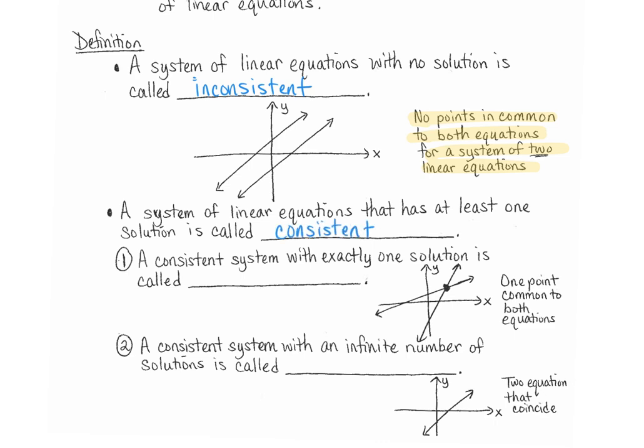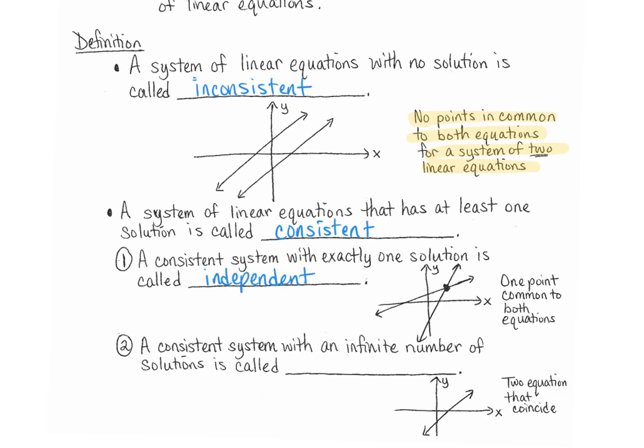And so if you have a consistent system, you then have two new terms that you have to learn because you may have infinitely many solutions or you may have exactly one solution. Okay? If you have a consistent system that has exactly one solution, that will be called independent.